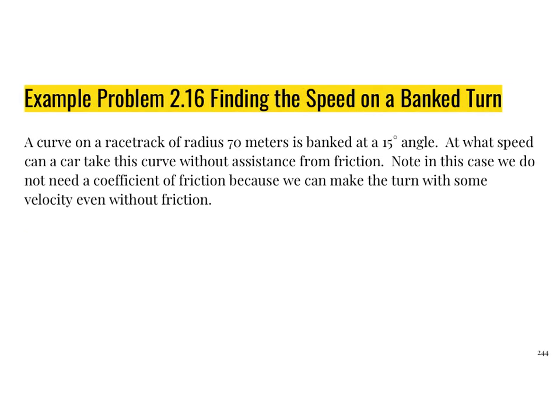So here's another example problem, and this is very, very similar to the previous problem, so I'm not going to talk about it too much right now. It's a very specific example, but now we're on a banked road. The question is, at what speed can I make the turn without the assistance from friction? We just said that the car needs static friction to turn, but let's take a look at this problem real quick.